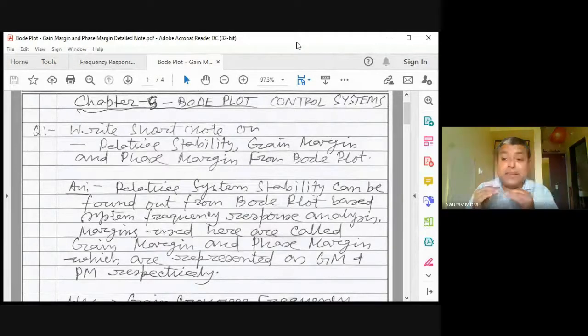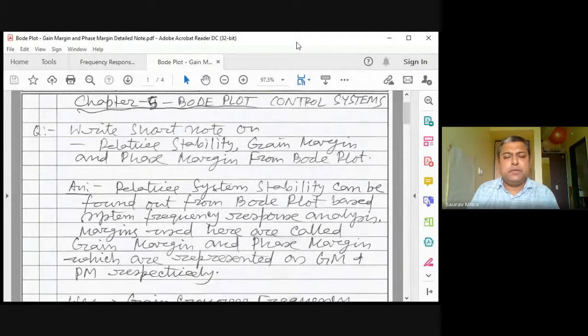So what is the phase stability criterion? Amplitude stability criterion is that amplitude should be less than 1 in ratio form or less than 0 dB. Phase stability criterion is that the phase of the system should be greater than minus 180. Greater than minus 180 means minus 179. In negative, है वो ख्याल रखना. Greater than minus 179 phase is stable phase.